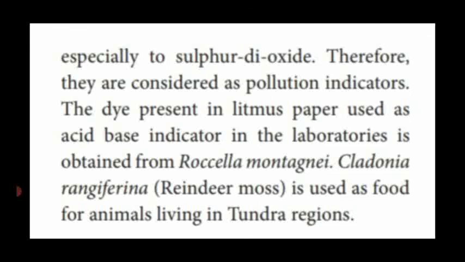Some lichens are sensitive to air pollutants such as sulfur dioxide, so they are named as pollution indicators. Some lichens are used to prepare litmus paper, used as an acid-base indicator in the laboratory. Some of the lichens are used as fodder for the animals, that is food for the animals in the tundra region.